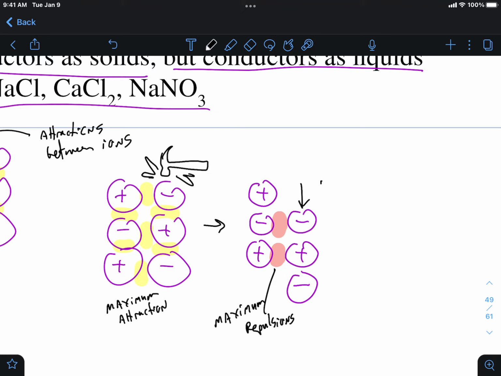So that's why it's brittle. It's kind of a unique characteristic of ionic compounds, right? The fact that you can go from maximally attracted to maximally repelling so quickly.